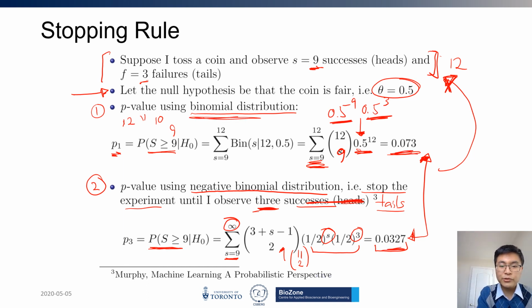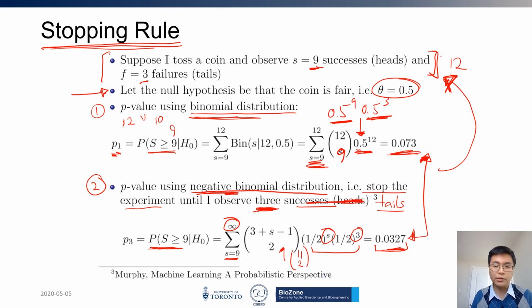And that's only because you're using a different distribution, but what's even more troubling is that effectively you're using a different stopping rule. Because here in the negative binomial distribution, the choice of when to stop is actually encoded in that distribution itself. You're choosing to stop after you observe 3 tails, i.e. 3 failures.